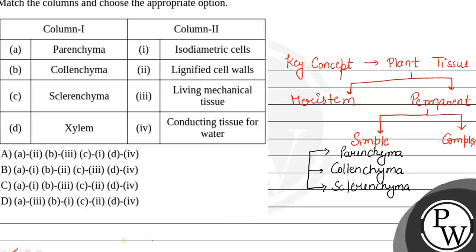So A के साथ जाना चाहिए हमारा ऑप्शन नंबर फर्स्ट. अब फिर है xylem. अब xylem का हमने अभी पढ़ा था that it is responsible for the conduction of water. तो D के साथ जाना चाहिए फोर्थ. So I am writing here.